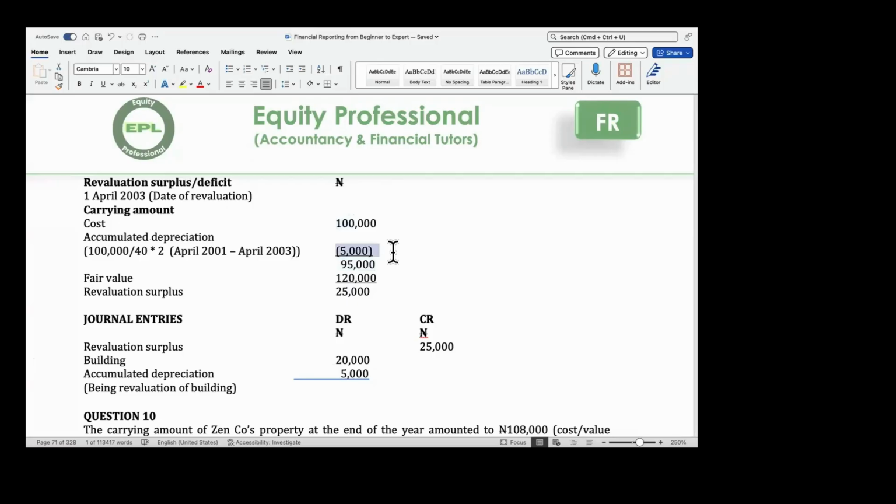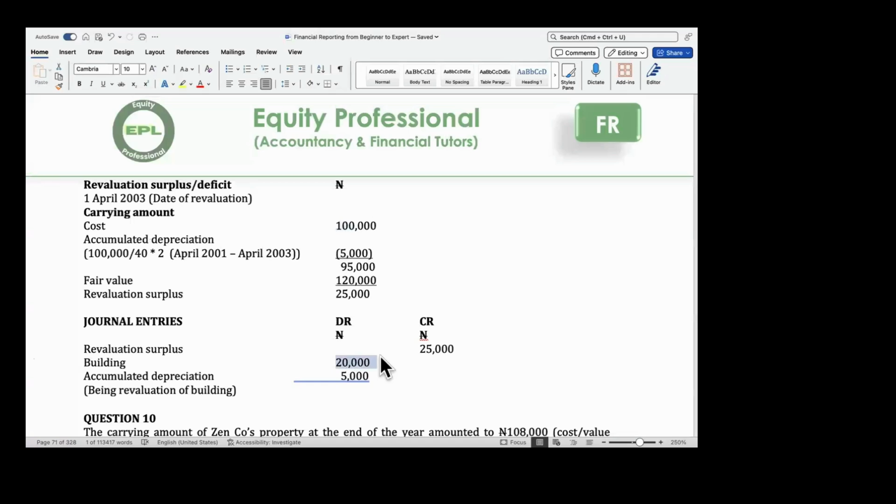Depreciation itself is another account on its own. So when we want to let our asset account show the new value, you compare it with the old value, which is cost. So our asset account will increase by 20,000, so we debit it.